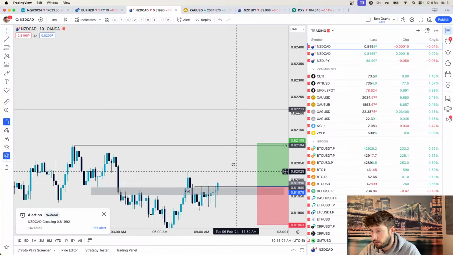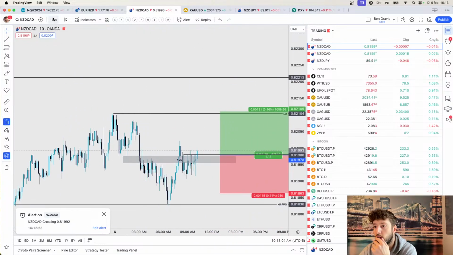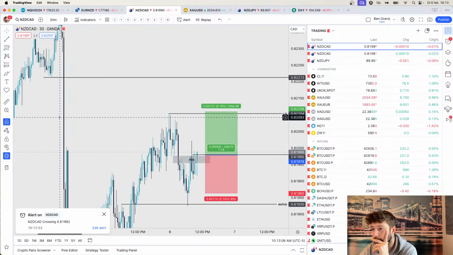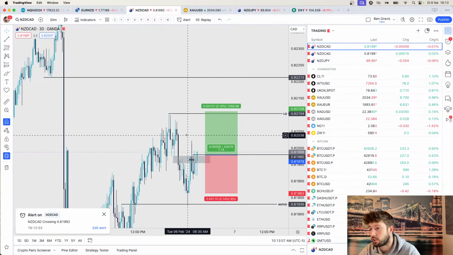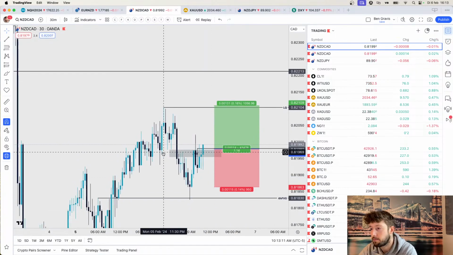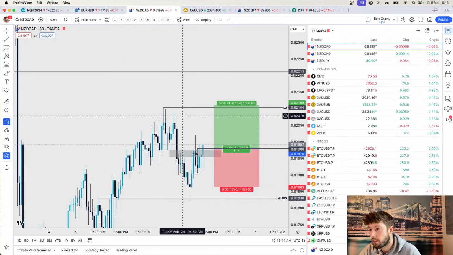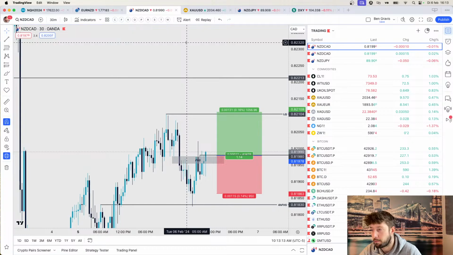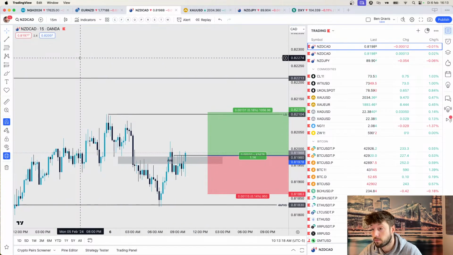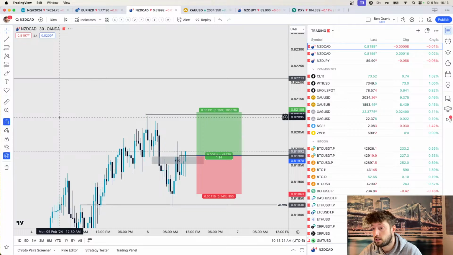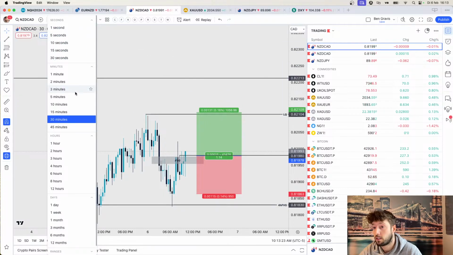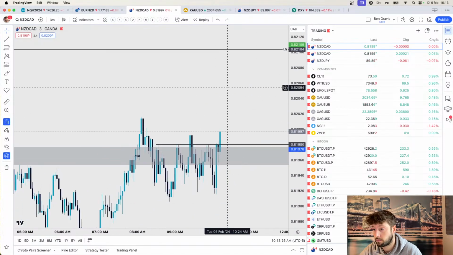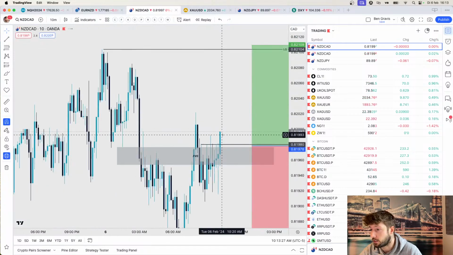I do want to long this one. I've been looking for this one all the time since yesterday, and just think that this one will pop really high soon. But it's just a blind entry right now.